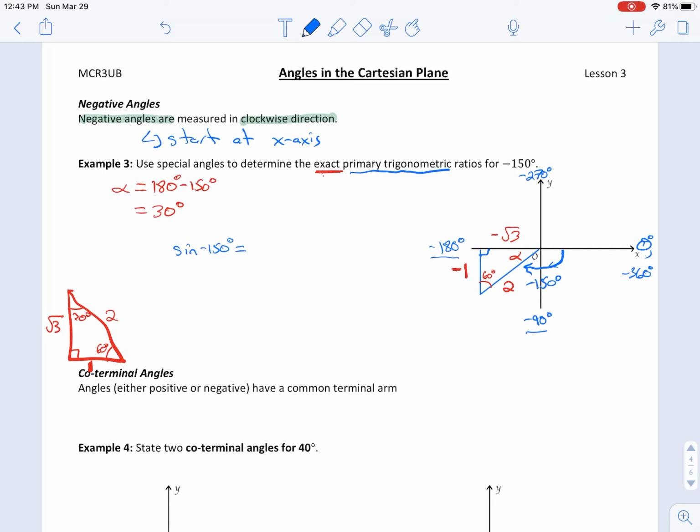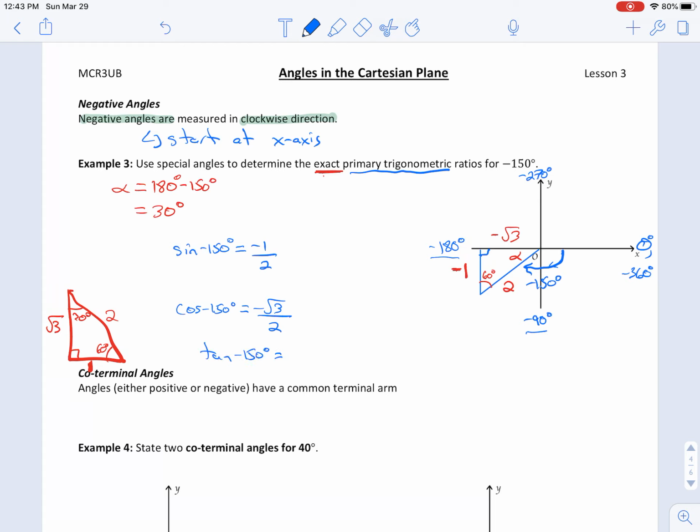So that's just going to be negative 1 over the hypotenuse 2. And cosine of minus 150 is adjacent, which is minus root 3 over 2.